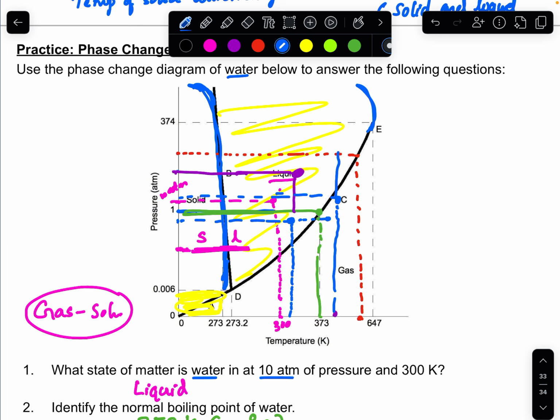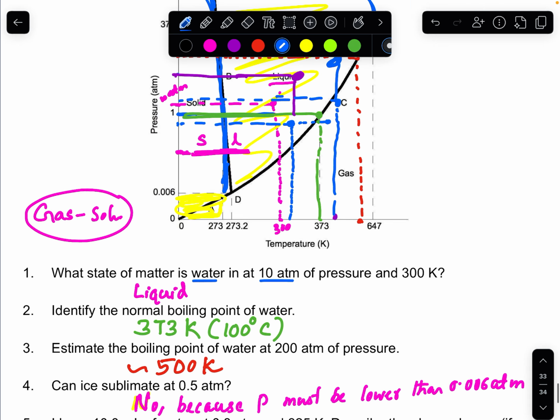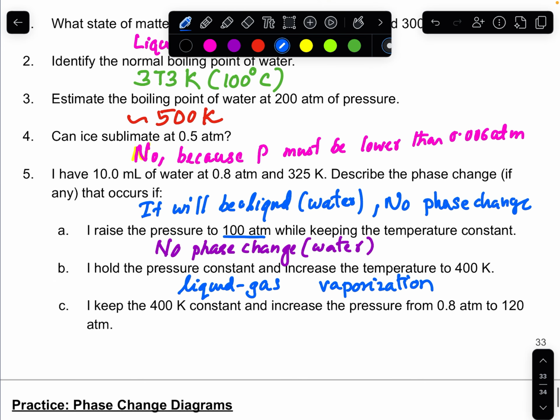So what will happen? We are condensing, right? We are somewhere here, it will go back from the gaseous state. Applying the pressure, we know that gas molecules come closer, so the gas will convert into liquid, and that is called what? Condensation.